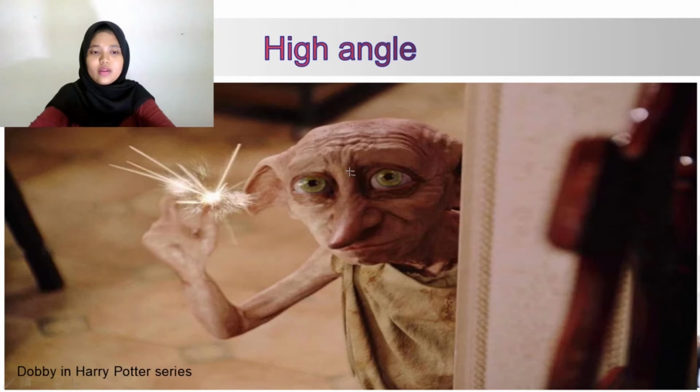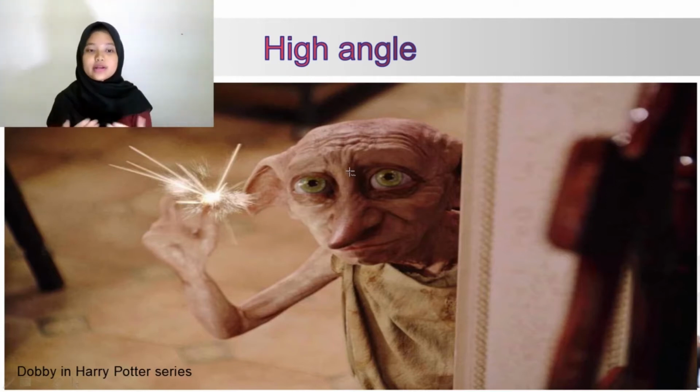So, why use a high angle shot? You can show someone who has no power in this situation and convey insignificance. Lighting and cinematography drastically affect the mood presented by the high angle.